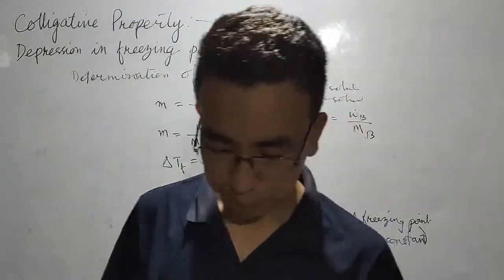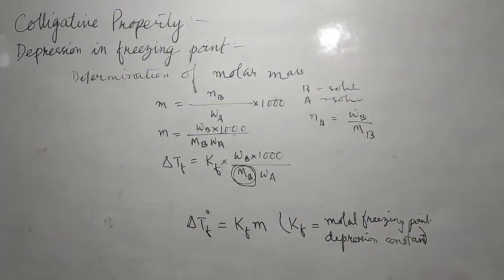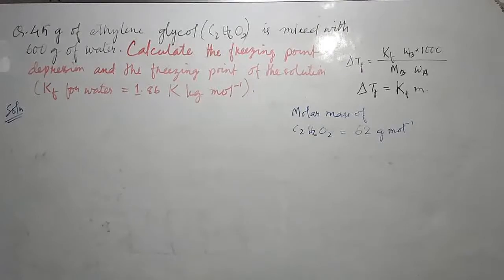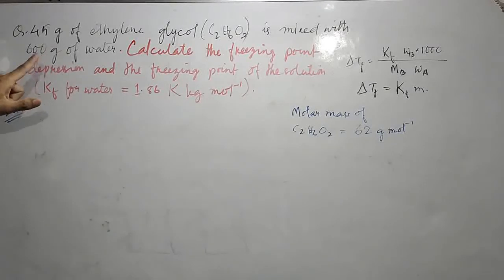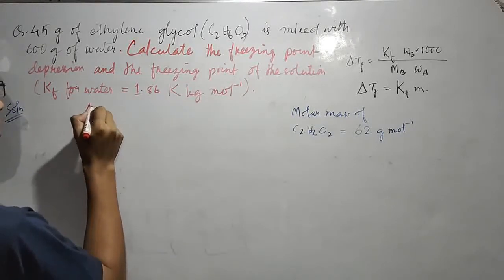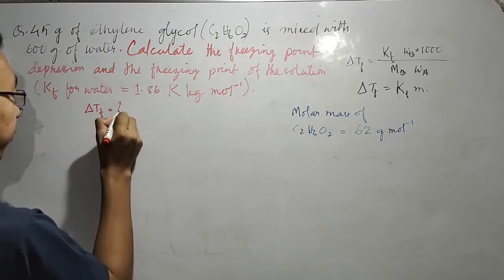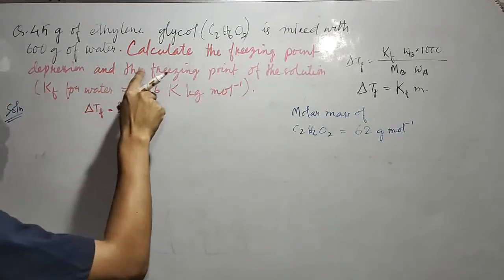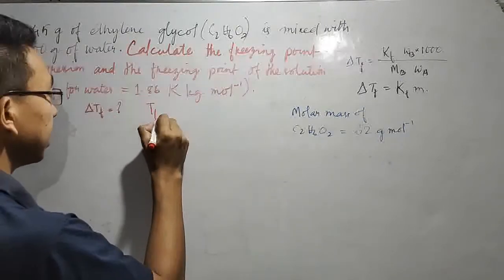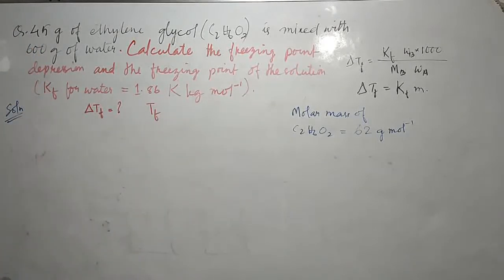Let us see the question here. 45 gram of ethylene glycol is mixed with 600 gram of water, which means ethylene glycol is the solute and water is the solvent. Calculate the freezing point depression. That means we are asked to find del TF, and also the freezing point of the solution, that is TF.